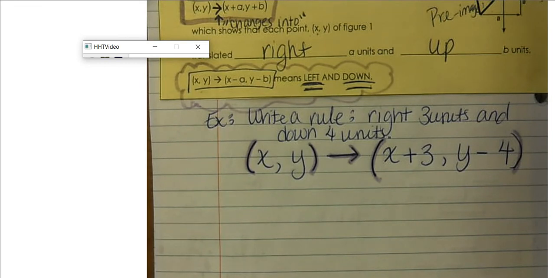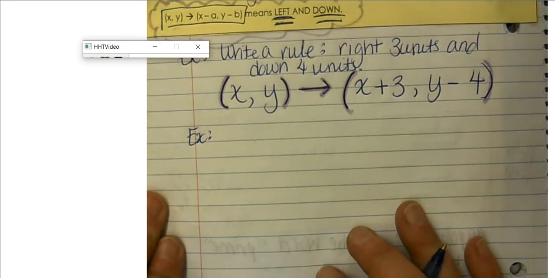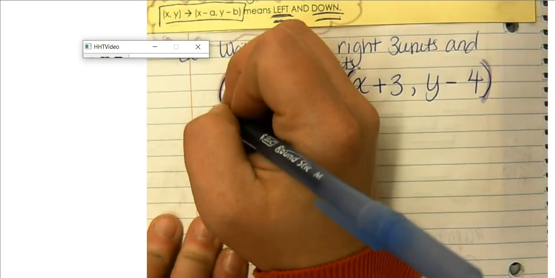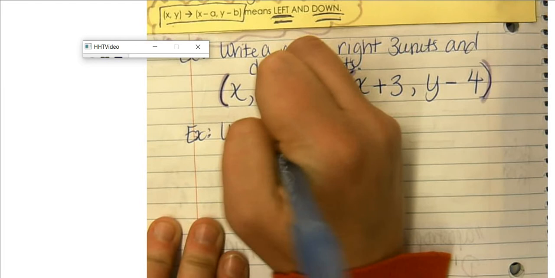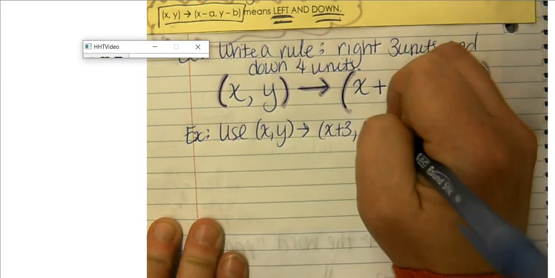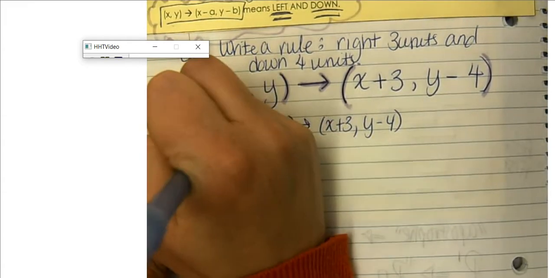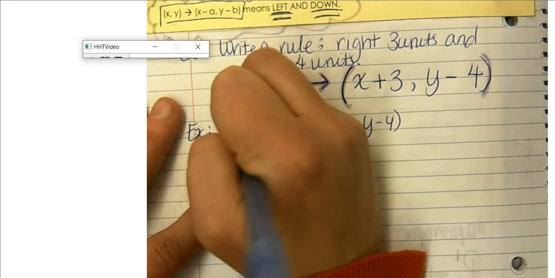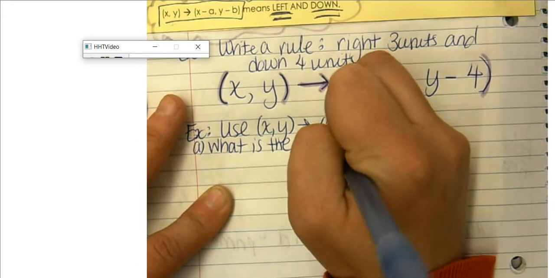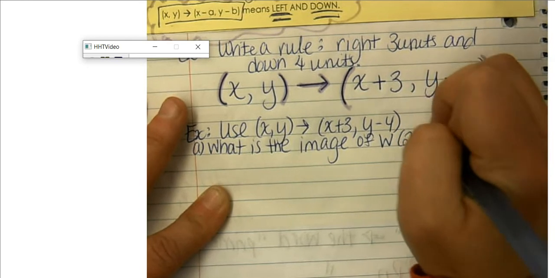So now the question is, if you were to use XY changes into X plus 3 and Y minus 4, my letter A is, what is the image of an ordered pair, we'll call it W, starting off at 2, 5.